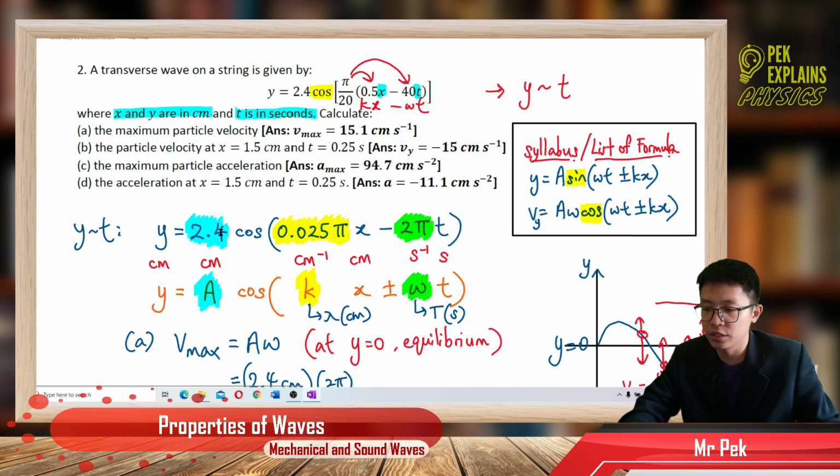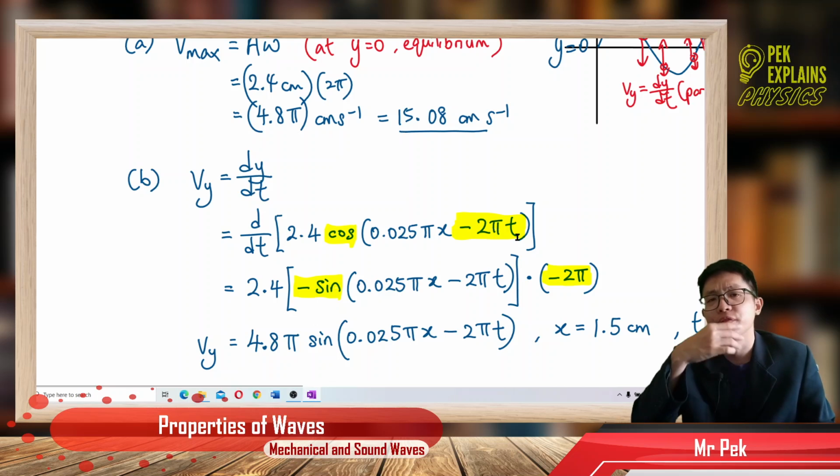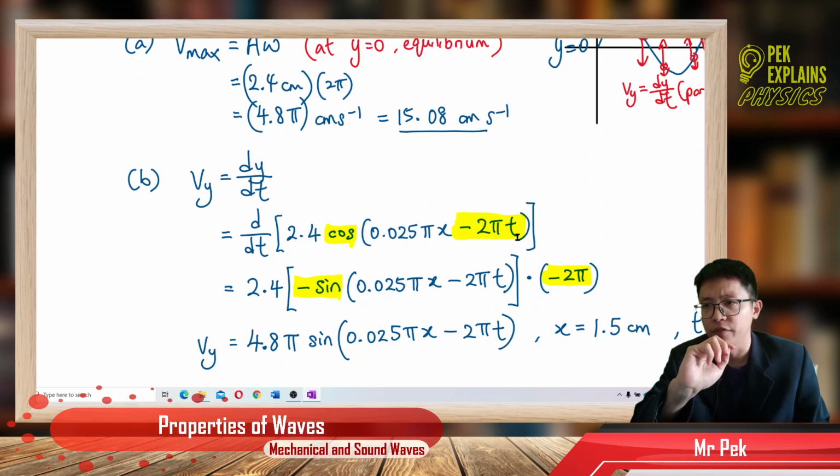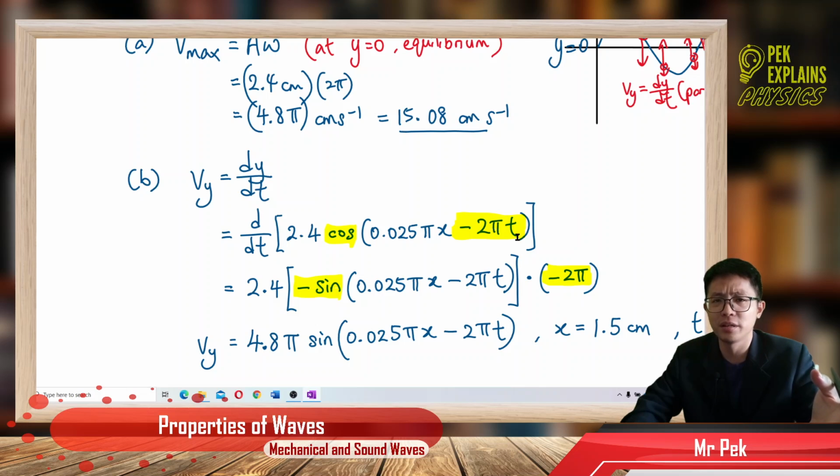So I want to differentiate this displacement equation versus time to get the velocity, dy over dt. So why must we differentiate? Isn't there a velocity formula in the list of formulas available for us to use directly? Why bother to learn differentiation so hard?